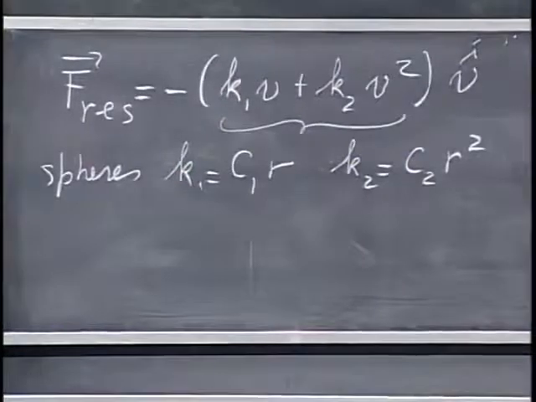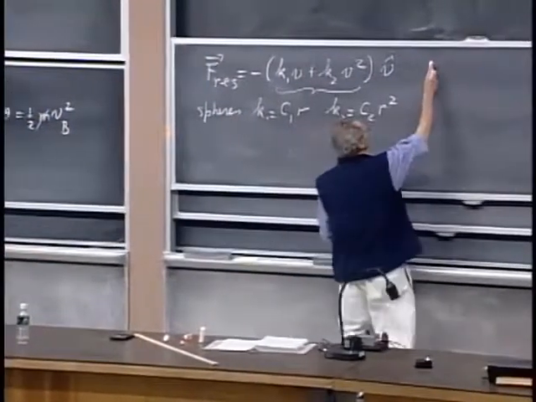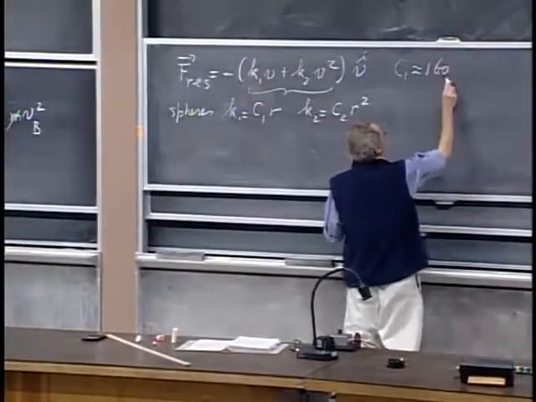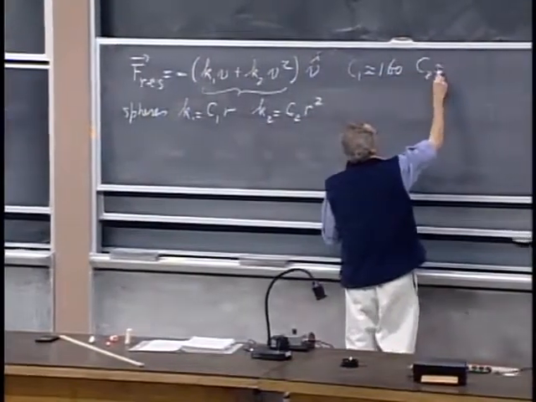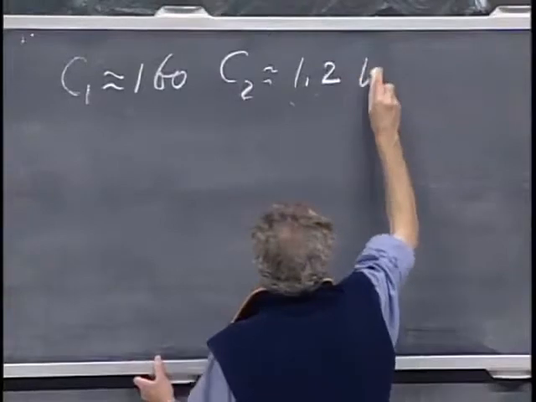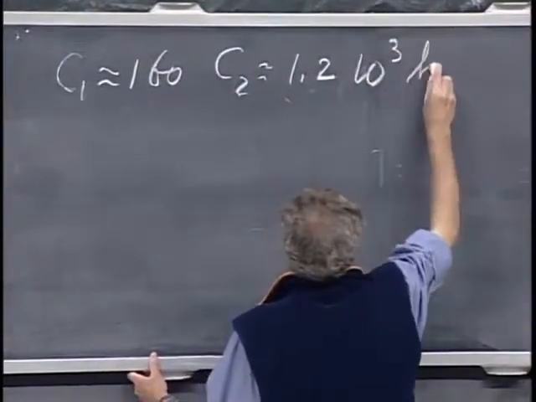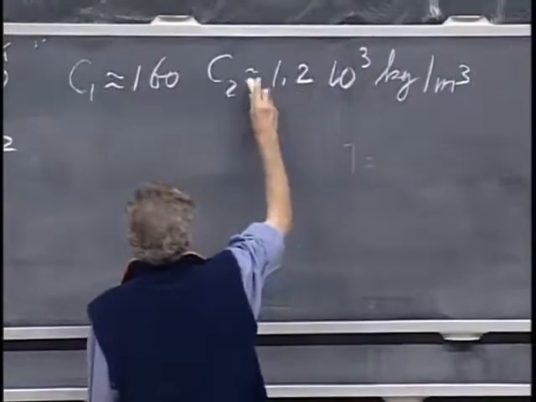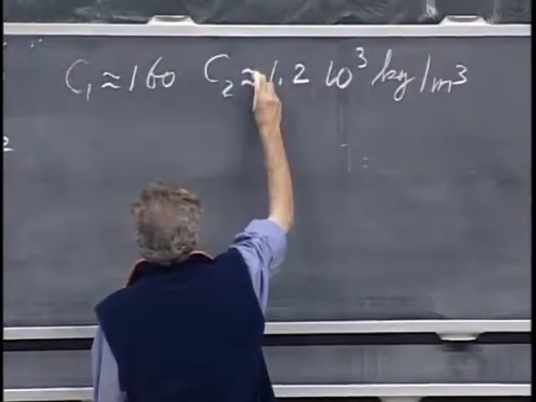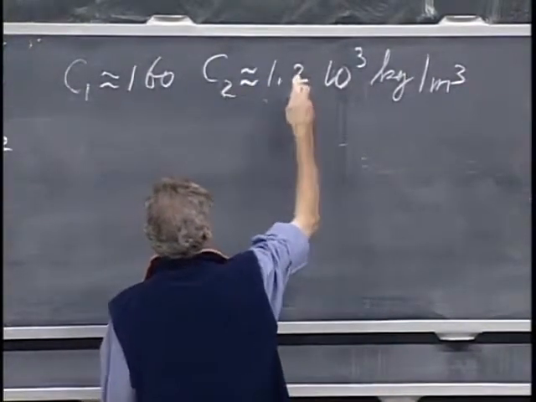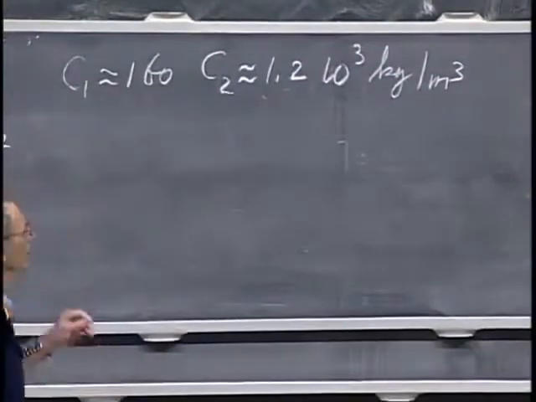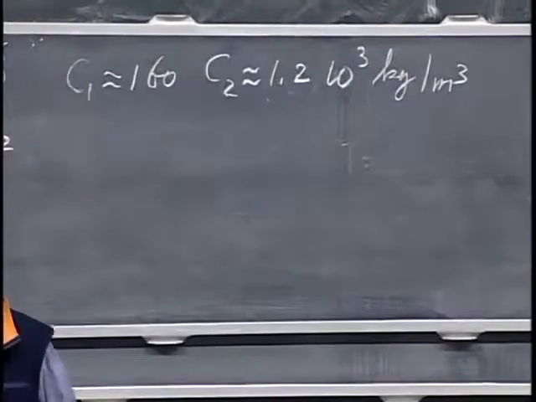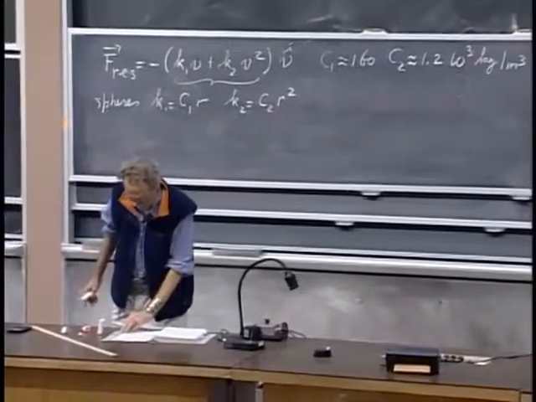And this was a syrup for which c1 was approximately 160, and c2 was about 1.2 × 10 to the third kilograms per cubic meter. I always remember the units of this, because that's always density. In fact, it's always a little smaller than the actual density of the syrup itself. This is a more complicated unit, but you can figure that one out for yourself.